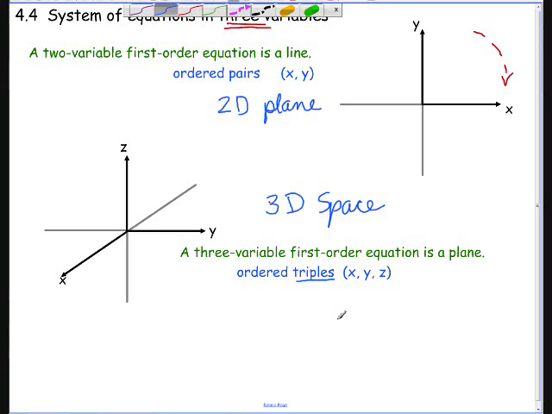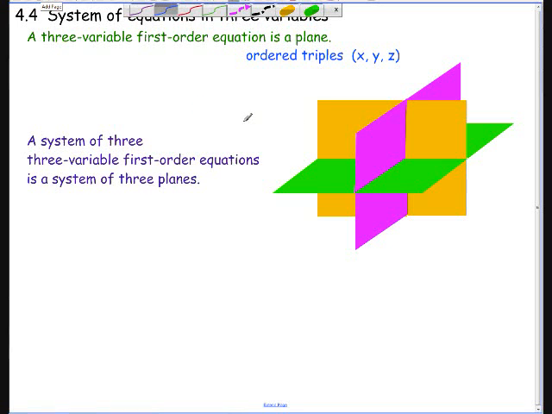Please notice that it is the convention in mathematics when you put together a pair or triplets to put them in alphabetical order. If I were to take 3 planes, and we'll represent them with, let's see, we've got the 1 plane, which I am representing as green. So this is a 2-dimensional plane, and then I've got another one, which I'm representing with yellow, and another one, which I'm representing with pink.